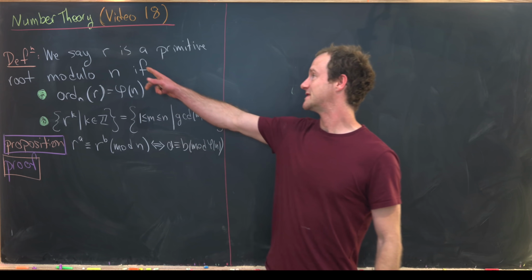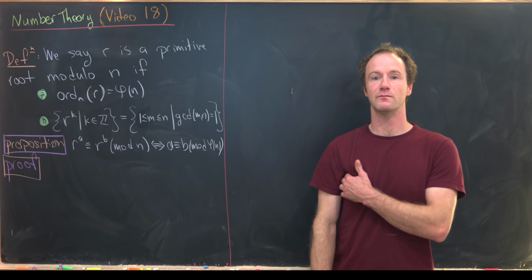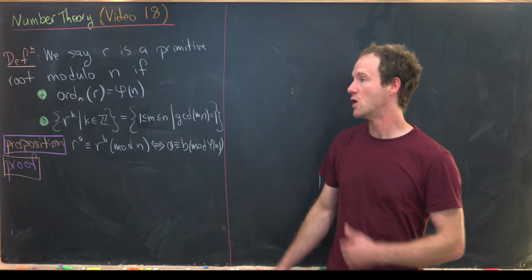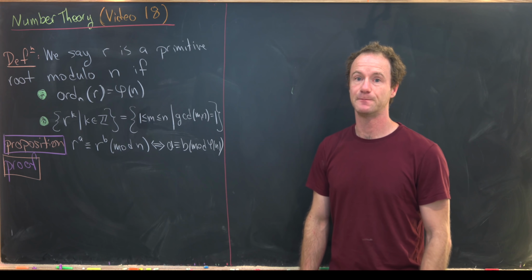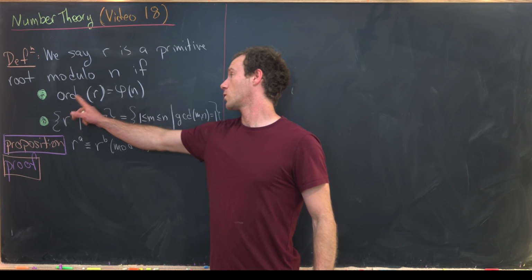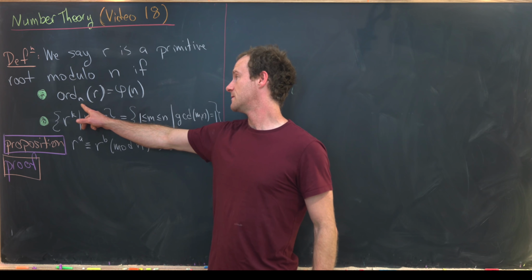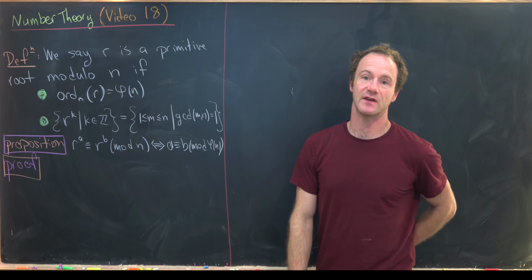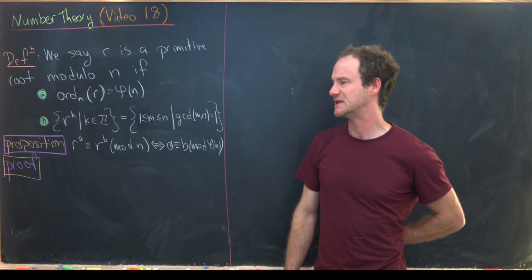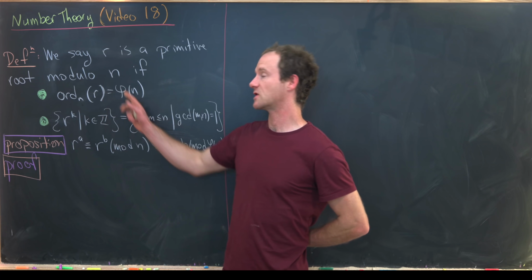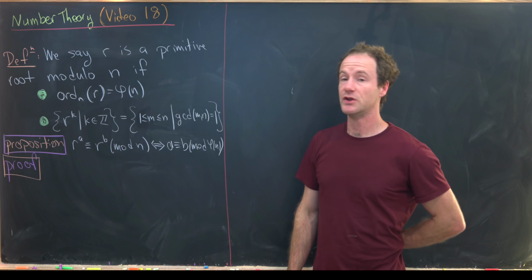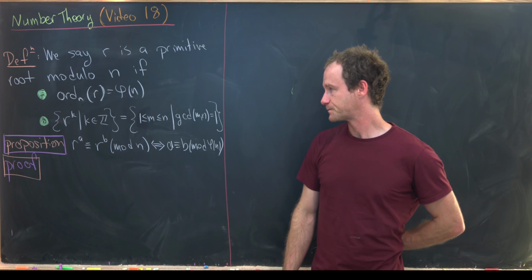Okay, so we say R is a primitive root modulo n if one of these two equivalent things is satisfied. So first, the order of R mod n is equal to phi of n. Remember that the order is the smallest non-negative integer, so that when you raise R to that number, you get 1 mod n.